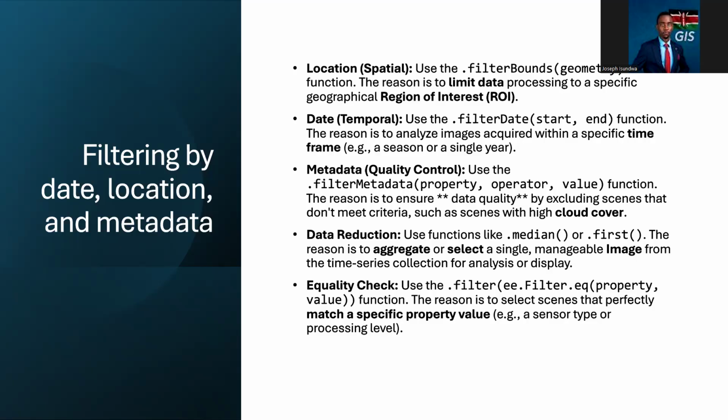Or maybe we can say we want only one image for each month. So we are reducing the dataset from 365 images to just 12 images so that we can see the trend. For example, in January, the temperature was 30, in February it dropped. So this is for data reduction, and we can use functions like median, or first, or last. These are all that we can use.